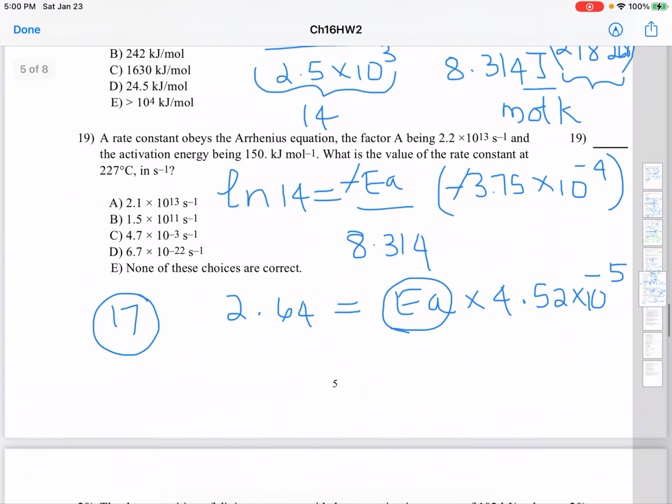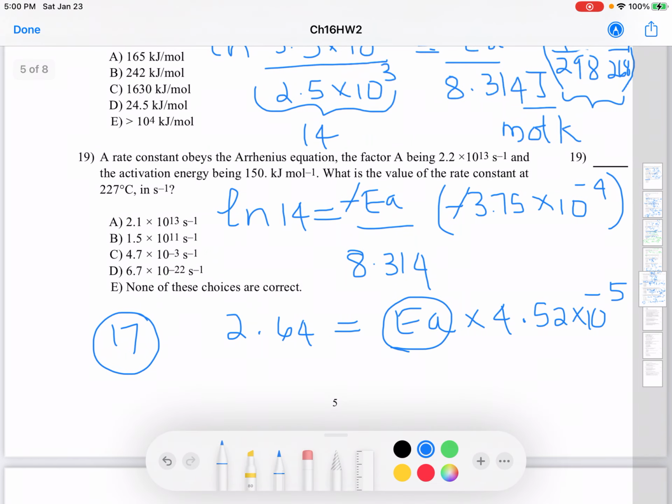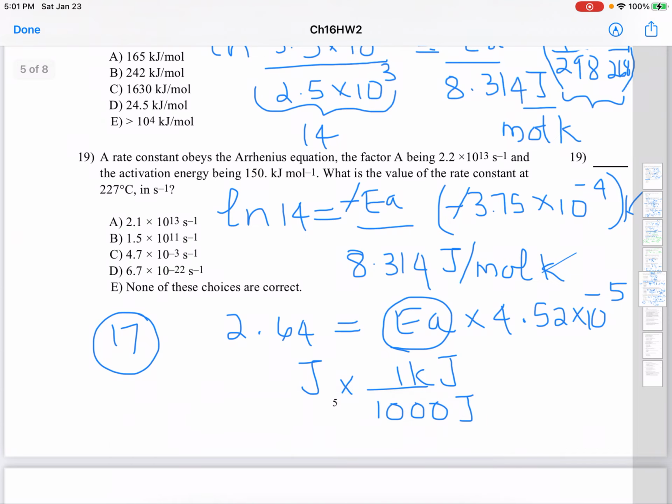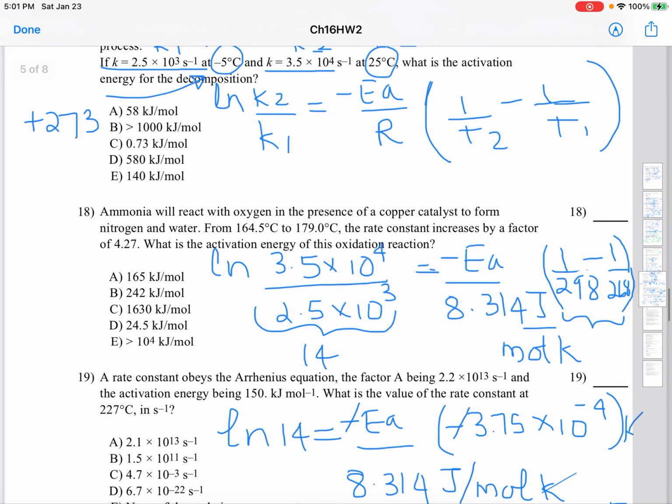The units of R are joules per mole per Kelvin, and the Kelvin cancels, so the answer would be in joules. 1000 joules equals 1 kilojoule. So for the final answer, you can convert it to kilojoules. That's how you would do number 17.